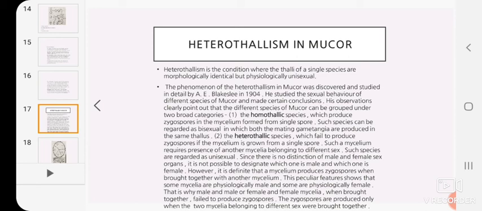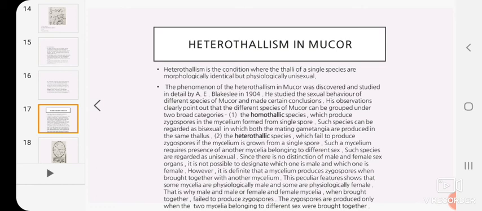And if the fusing gametangia belong to different thalli, these species are known as heterothallic species. So that means the fusing gametangia belong to different mycelia, and these mycelia might be morphologically the same. Of course, they are morphologically the same, but we say that they belong to different strains because physiologically they are different.